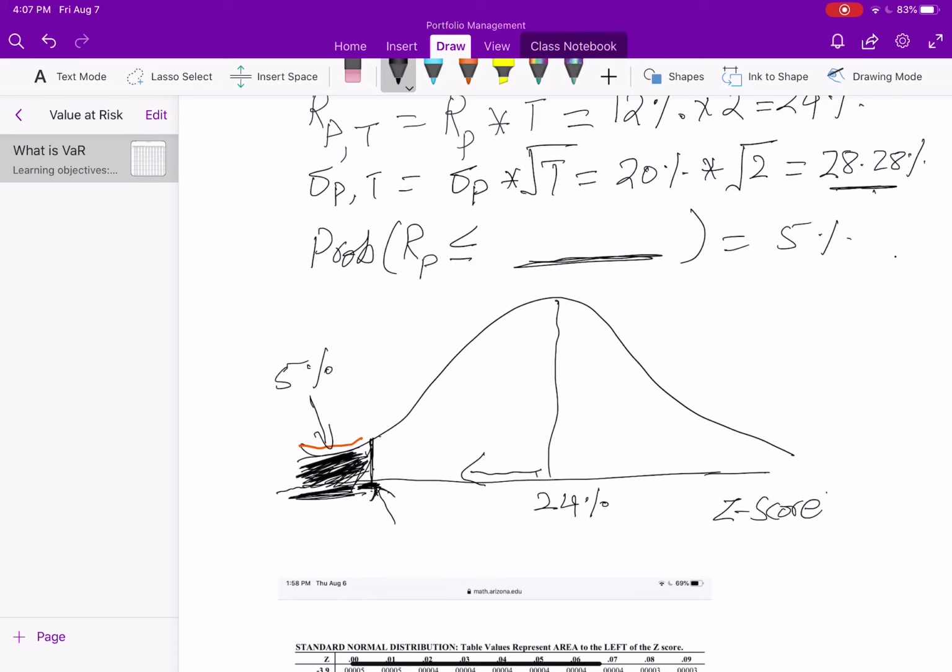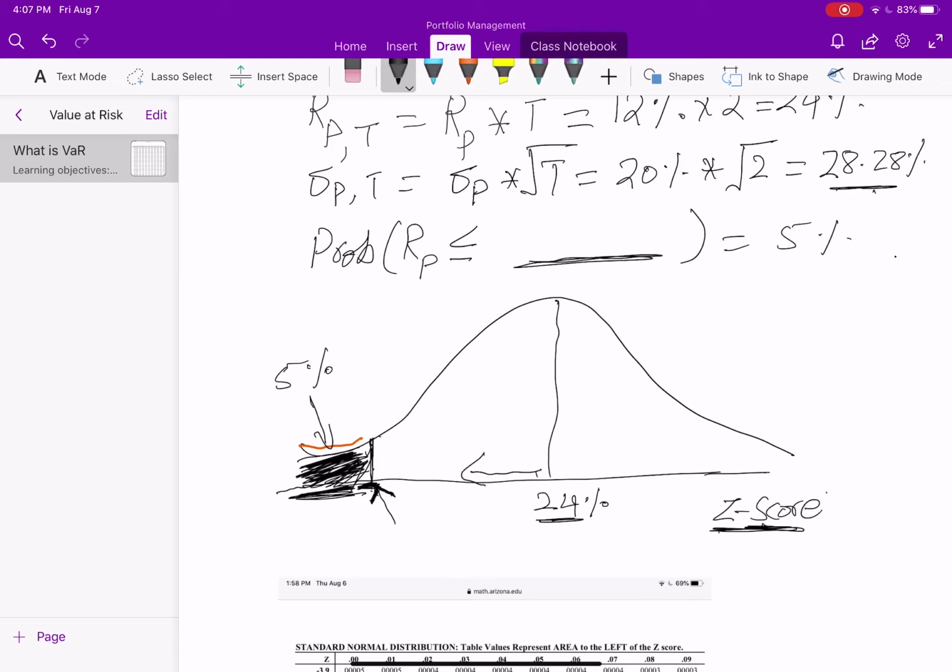That is our aim, to find that minimum return. Without the z-score, we will not be able to multiply it with the standard deviation and subtract it from the mean to come over here.